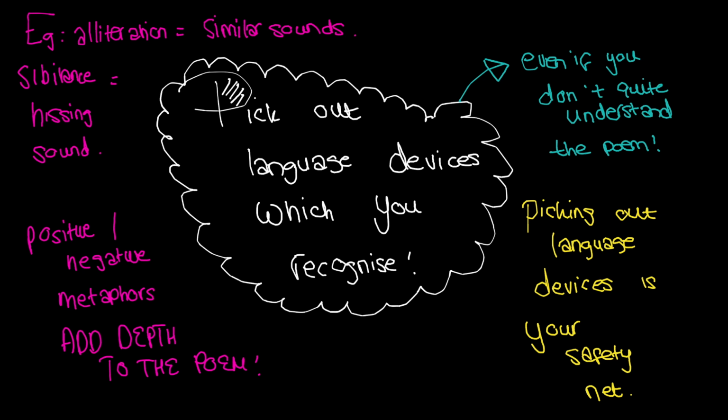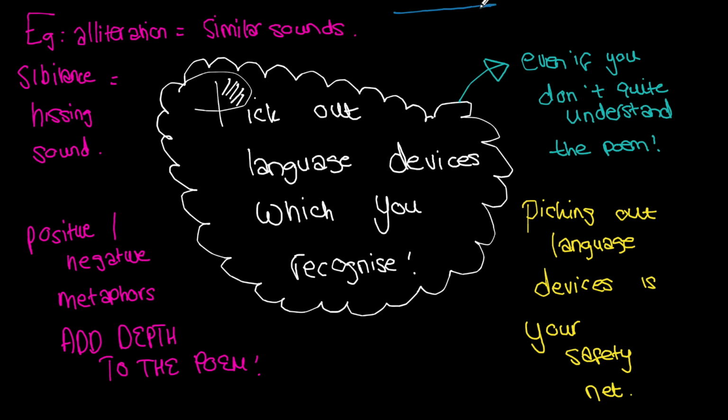This is why poets actually include language devices. The whole purpose of a language device is to give you that added depth into the poem. It gives you that added understanding of what the poem is about. Think of language devices such as metaphors, similes, repetition, symbolism. Think of these kinds of language devices as looking below the surface of the poem. So here's the poem.